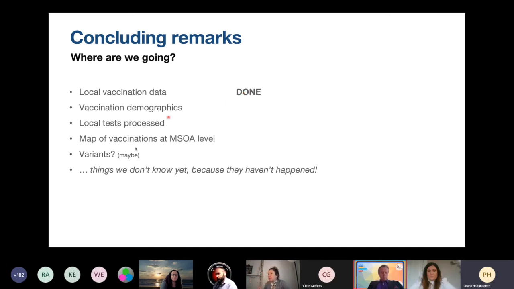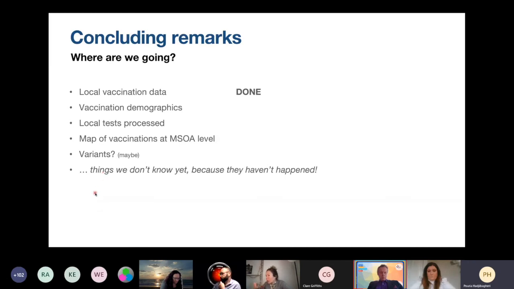So this is now done. We are now working on vaccination demographics, vaccinations at MSOA level, local tests processed, and possibly variants. And we might get to do things that we don't even know about yet because they haven't happened, because that is how this thing works.